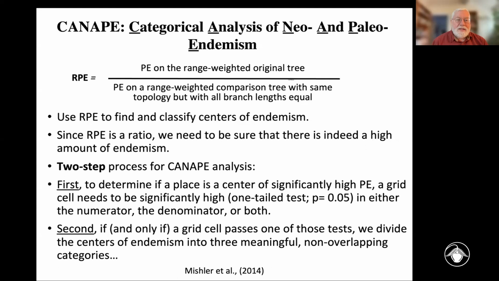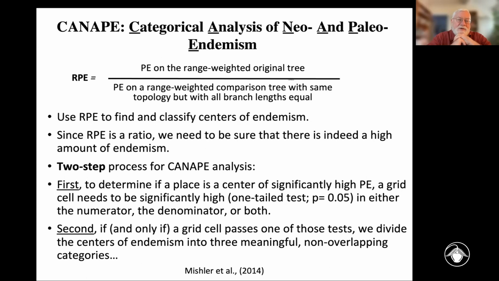So what we do, it's complicated and I don't want to explain it all, but just to make sure you understand how it works, I'll have a diagram in a second, but we're using this RPE ratio in a two-step process. We're first determining if a place is a center of significantly high phylogenetic endemism. So you have to have significantly high PE after this randomization happens that I explained.